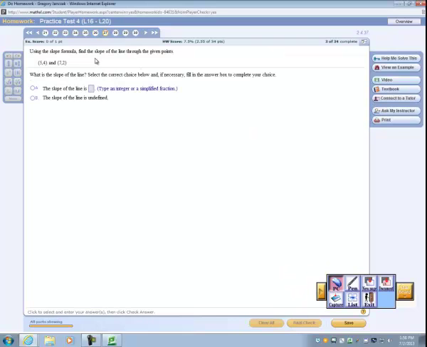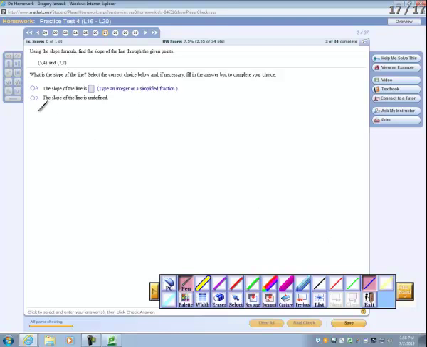Use the slope formula. Slope of the line. Okay. What is the slope of 2 points equation? M equals what? You can remove this, guys.